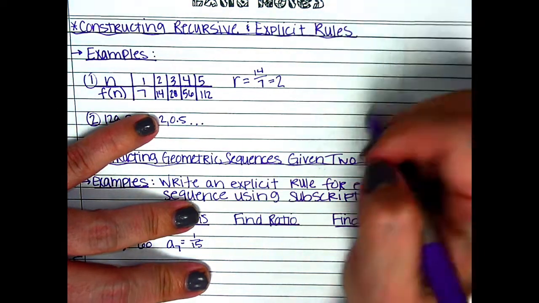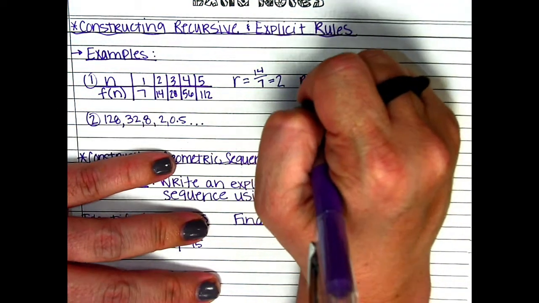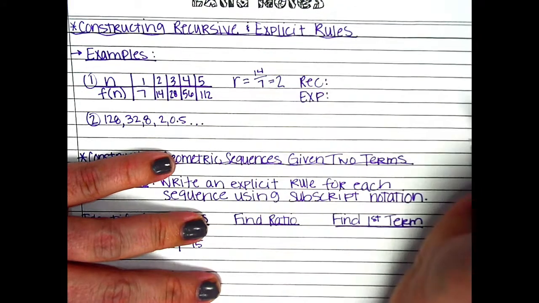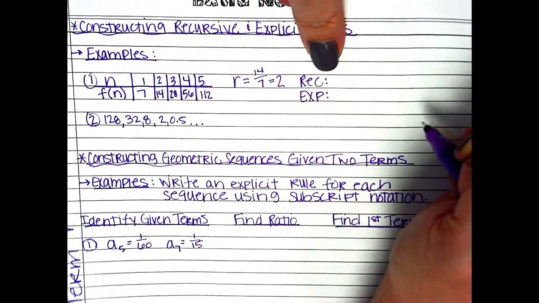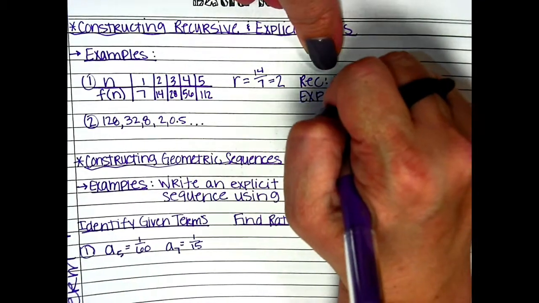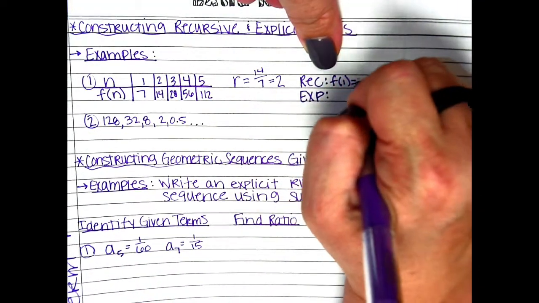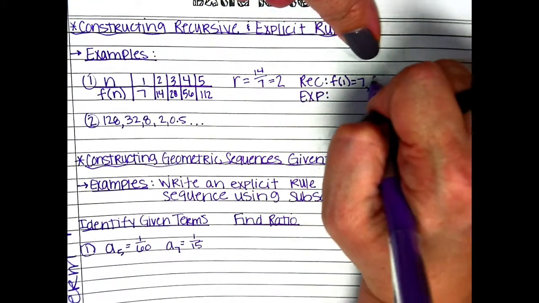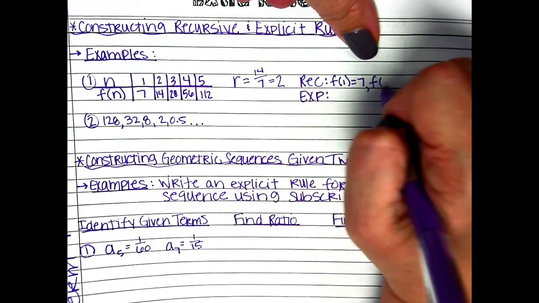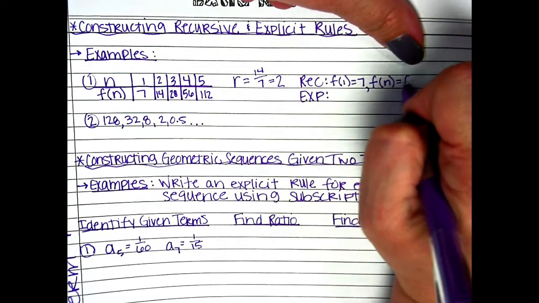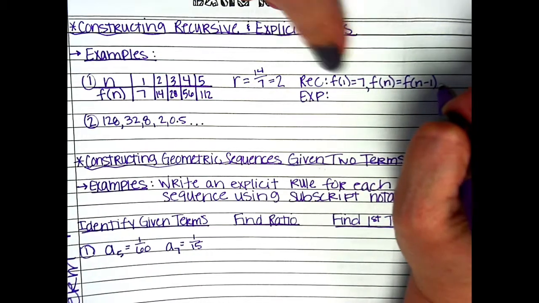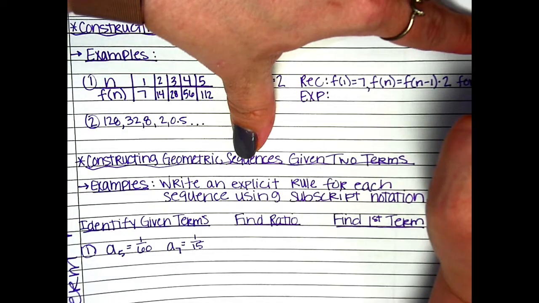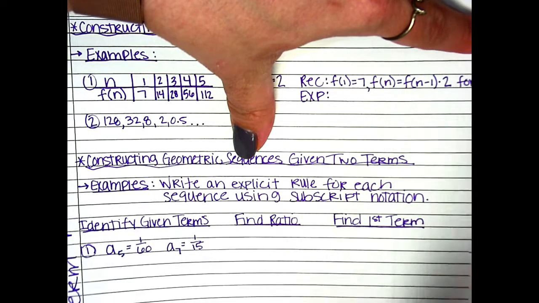and end up with a common ratio of 2. So we're going to write the recursive and then the explicit rule for this sequence. For the recursive, f of 1 is 7, our first term, and f of n equals f of n minus 1 times 2 for n greater than or equal to 2.